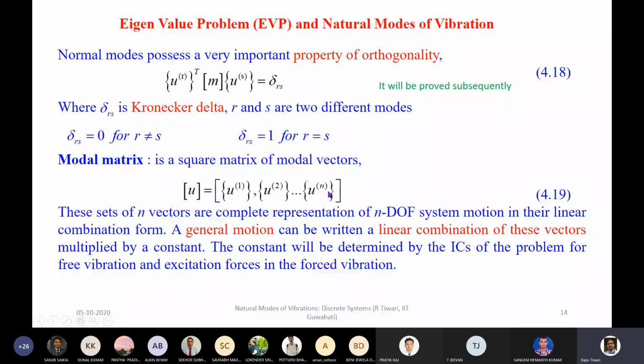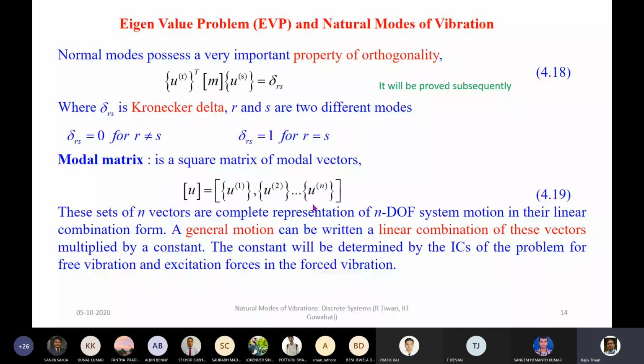If we have a linear combination of these eigenvectors, any general motion taking place in any dynamic system can be expressed as a linear combination of them. It's something like in a Fourier series, where a periodic function we split into cos and sine terms in harmonics.